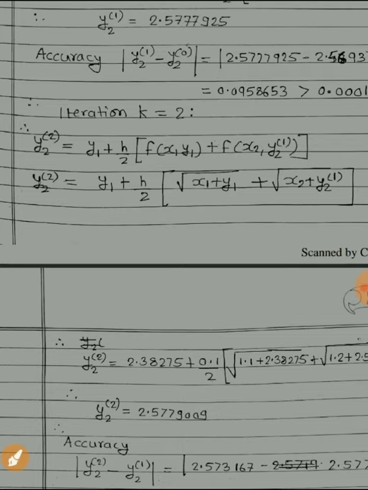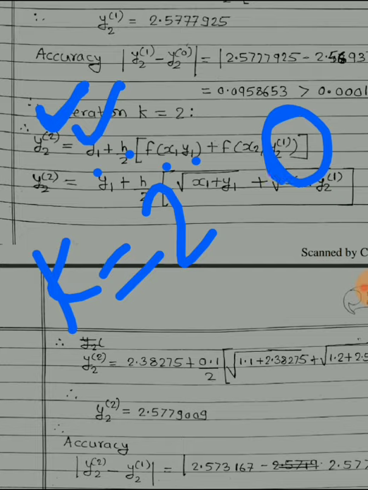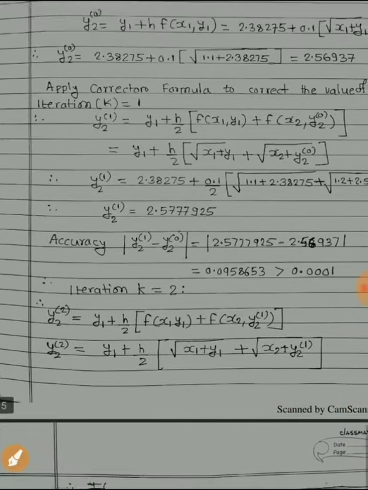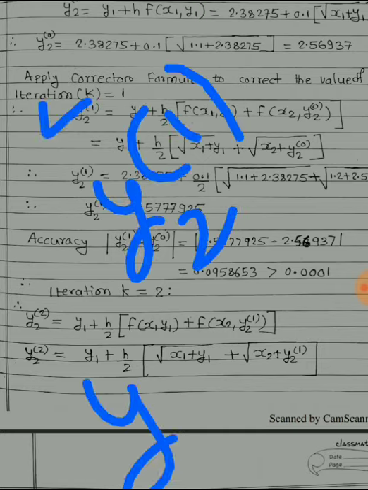So if we do that again, the formula becomes y1 plus h by 2 times f of x1 y1 plus f of x2 y2 raised to power 1, as k is equal to 2. If you compare this formula with the previous one, y2 raised to power 1 and y2 raised to power 2, what is the difference between these two?